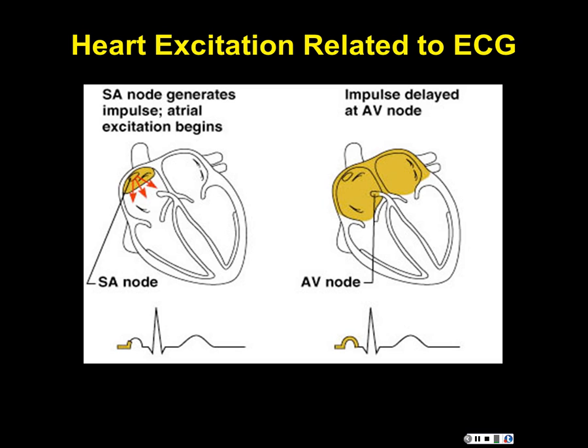Notice the AV node is now beginning to do what? It is beginning to depolarize as illustrated by the yellow. Okay, the yellow is going to represent our depolarization. Before we excite the ventricles, though, what do you think we should do? We're just atria in systole.